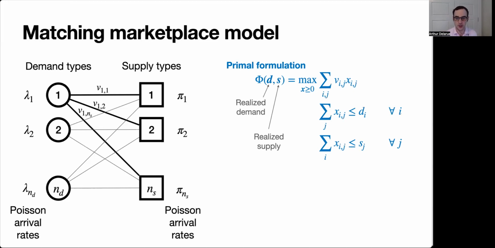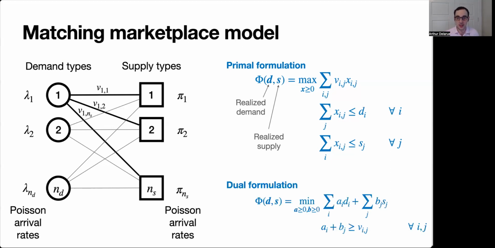And importantly, this is a linear program, even though the outcome is a discrete choice. We're not going to have fractional matches; we can't split riders between multiple cars. But it turns out that we don't need to consider the discreteness. This is a problem that can be solved as a linear program.